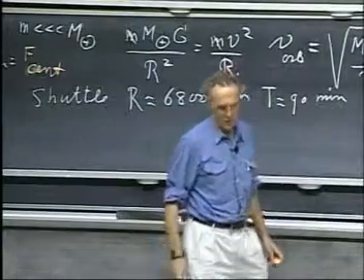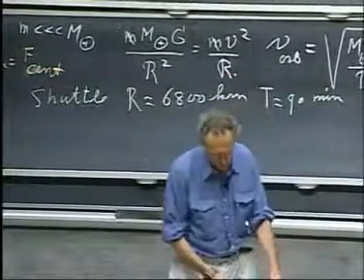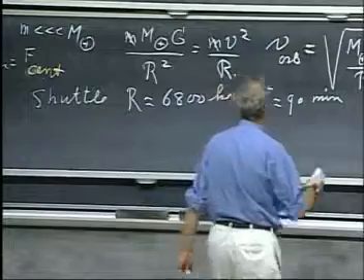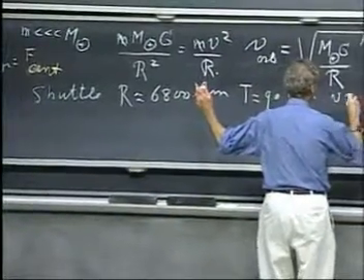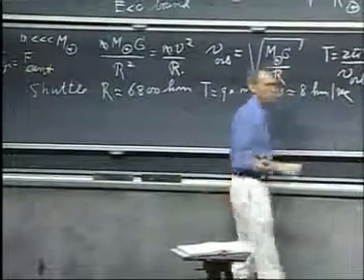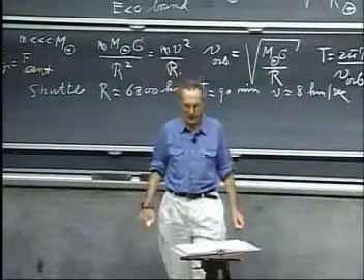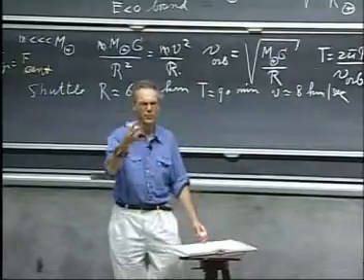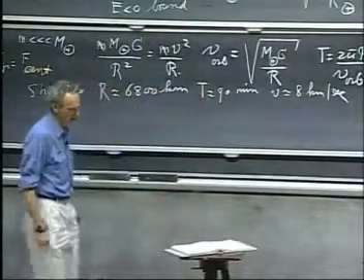It's about 1.5 hours. The shuttle takes about 1.5 hours to go around, and the speed, that tangential speed, is very close to 8 kilometers per second. And that holds for all near-Earth orbit satellites. Whether they are 400 or 500 or 600 kilometers, that doesn't change very much.